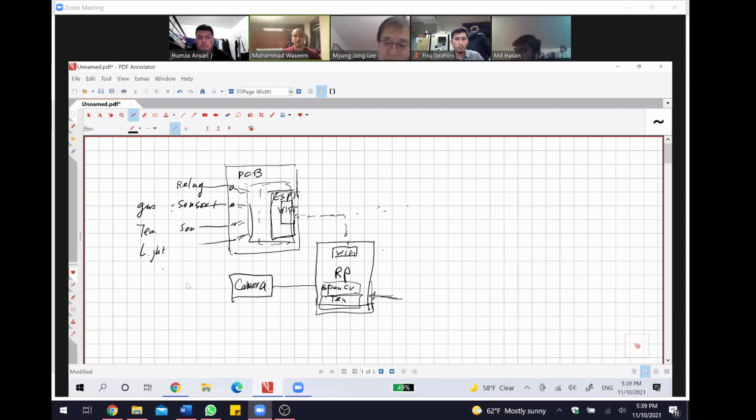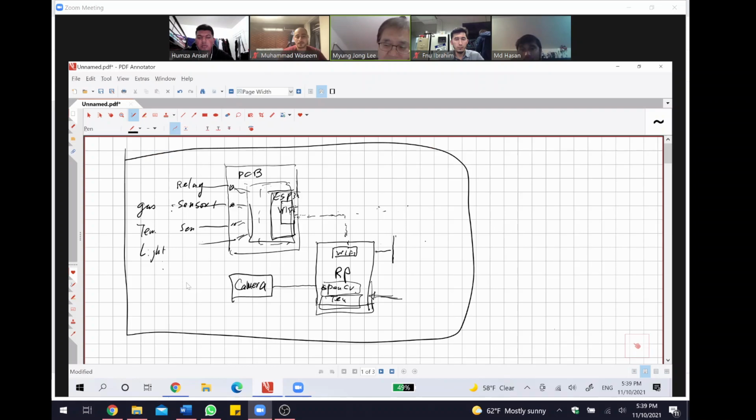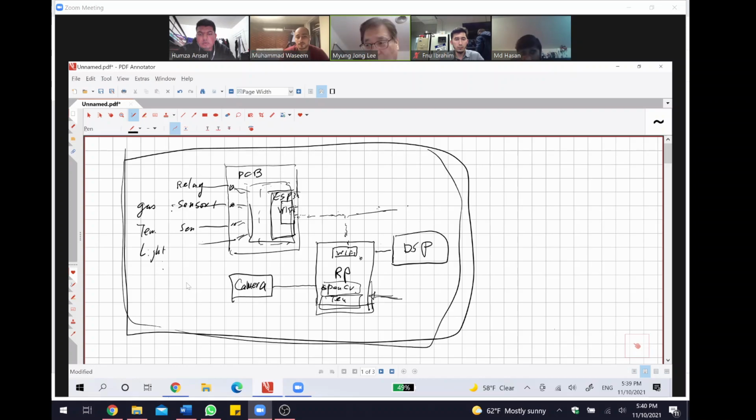So this whole thing is the deliverable? Yes. And you have a display here? Yes, a display for the Raspberry Pi, and it could also be on the phone. And this is the Wi-Fi. For example, this device is attached to the wall, and it can be accessed from the cell phone.